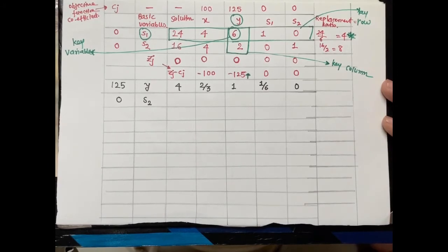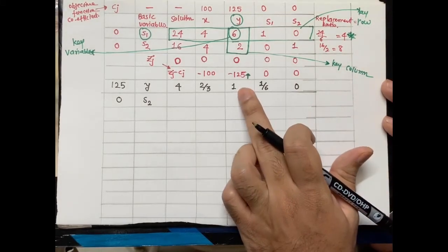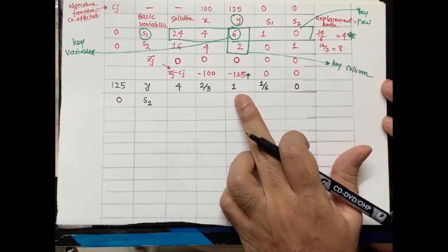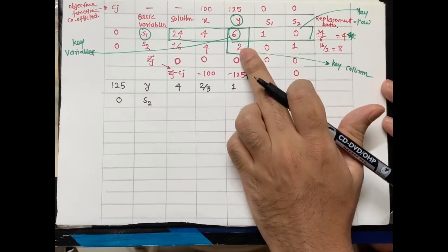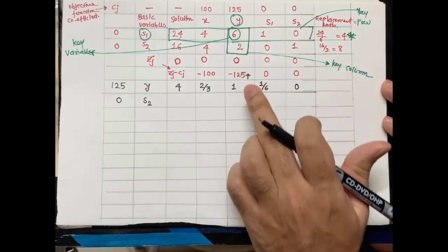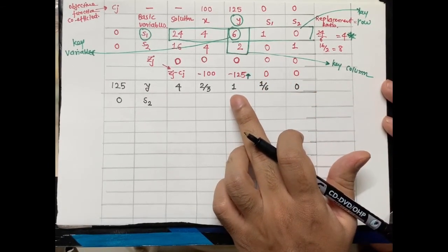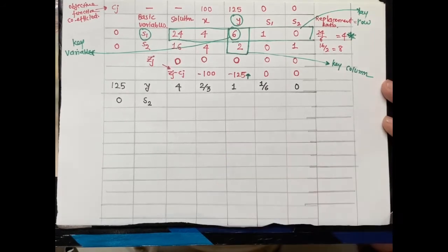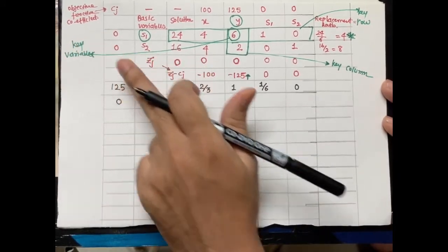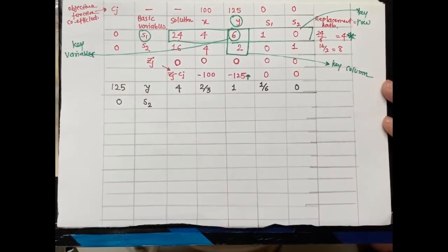What is the second condition? The entire column of the key variable should have a value of 0 in each cell except the key variable.